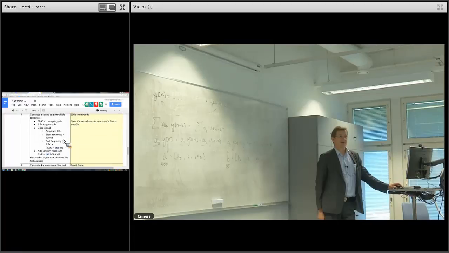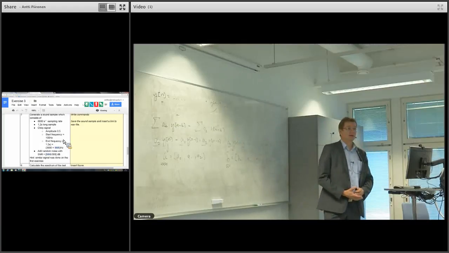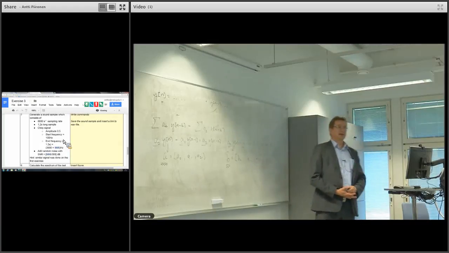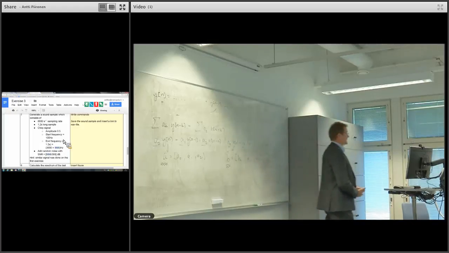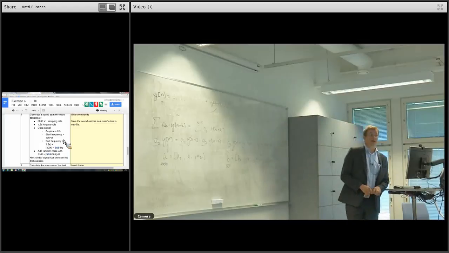Then some sound sample generation, which is quite similar to the first exercise sound sample. Now there you had the sinusoid. Now you would use chirp signal with certain amplitude, and then the start frequency at 0 seconds, and then end frequency at 1.2 seconds, and then basically, well, you need to also add some random noise with certain signal to noise ratio.